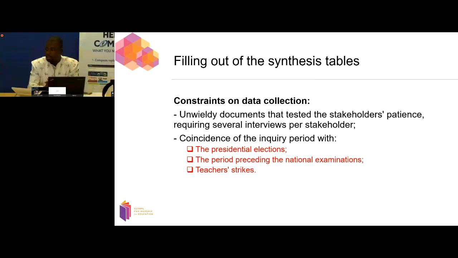I was talking about the problems that we met in this consultation stage. So the program that had been established had some problems due to the presidential election that took place at the same time and due to national examinations. And also we had teachers' strikes. So this kind of delayed this particular assessment and consultation stage of the stakeholders.